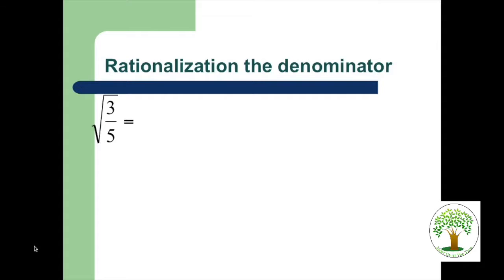Whenever you have a radical and you have a fraction in the radical, you can write it as two separate fractions. Is there a problem? Do I need to rationalize this denominator? Am I allowed to have a square root in the denominator? No, okay?